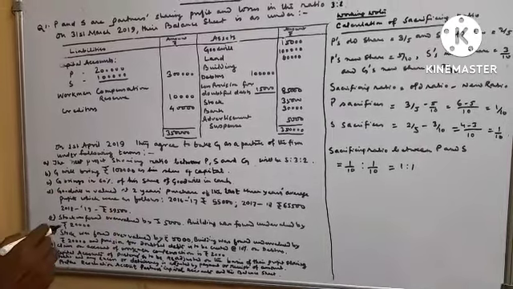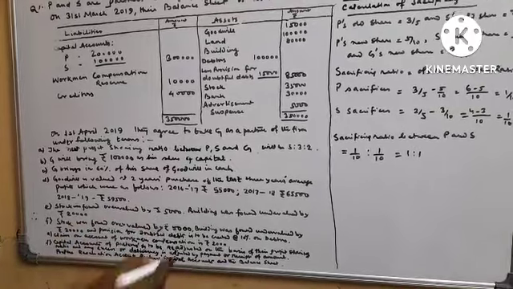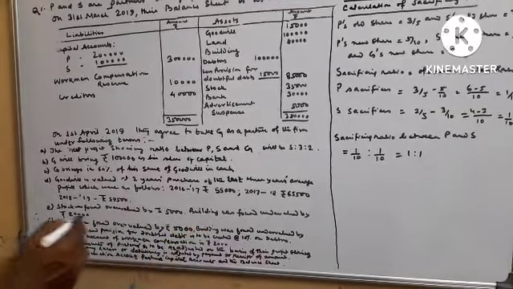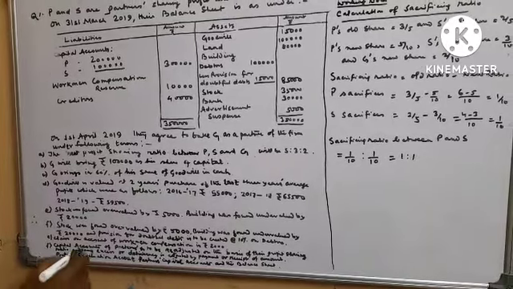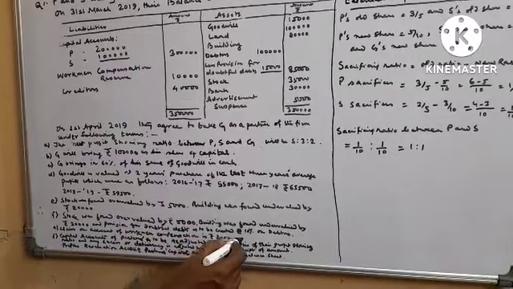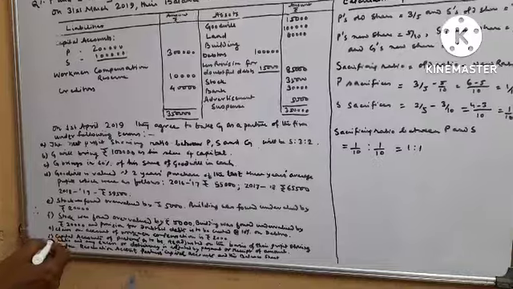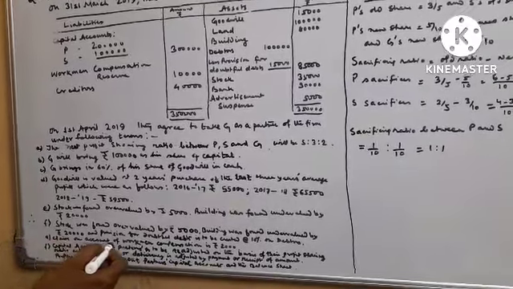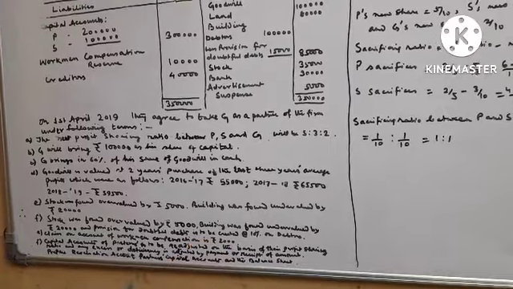Next adjustment given: stock was found overvalued by rupees 5,000, building was found undervalued by rupees 20,000, and provision for doubtful debts is to be created at the rate of 10% on debtors. Next adjustment given: claim on account of workman compensation is rupees 2,000.